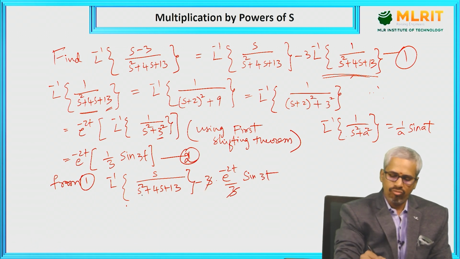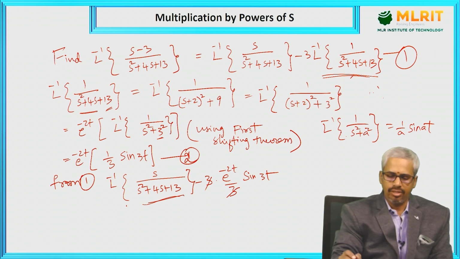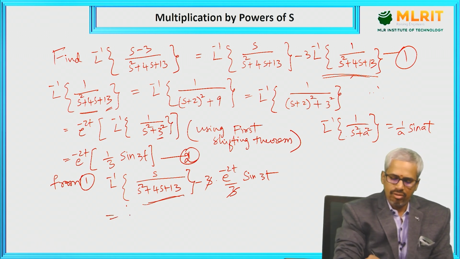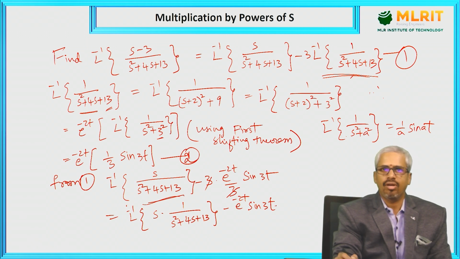Now, we have to find this value using multiplication by s. So, this can be written as L inverse of s into 1 upon s square plus 4s plus 13 minus e power minus 2t into sin 3t, right.